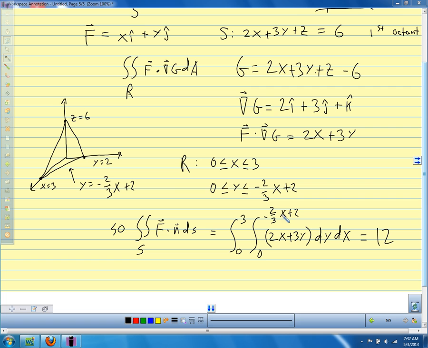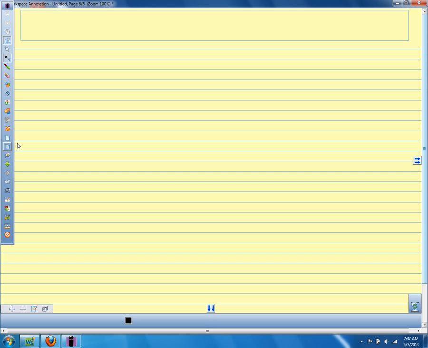All right. Let me talk quickly about the question that Star asked. What if we don't have it set up that way, what if we already have z is some function of x, y?